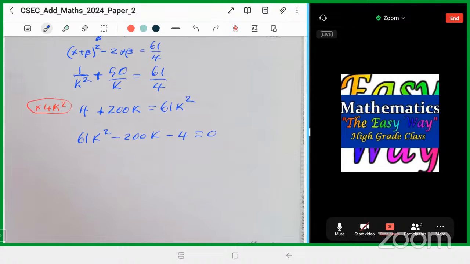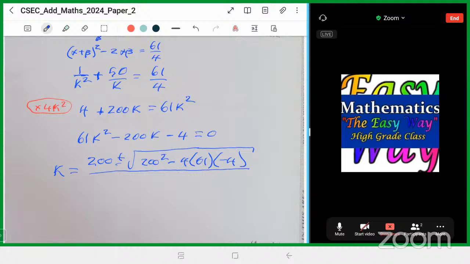So k is going to be minus b, which becomes 200, using the quadratic formula, plus or minus the square root of b squared, that's 200 squared, minus 4 times the a, which is 61, times the c, which is negative 4, all over 2a, which is 2 times 61.